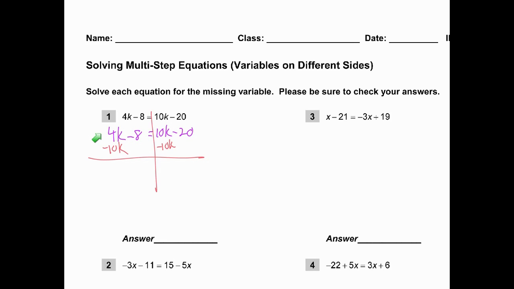Now, if we do that, on the left-hand side, we'll have 4k minus 10k, and that gives us a negative 6k. On the right-hand side, 10k minus 10k is 0k, so they cancel out. So this strategy works just fine, but notice that our variable has a negative coefficient. I like to keep mine positive, so I'm going to go back to the first way we did it.